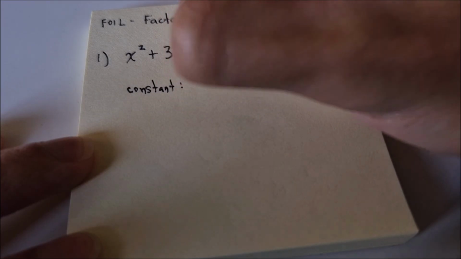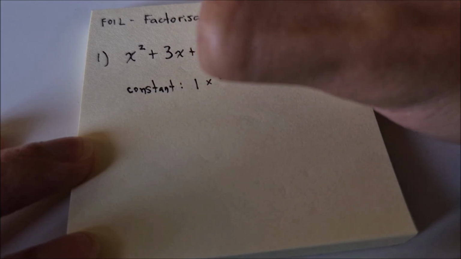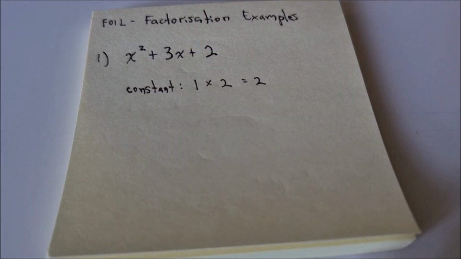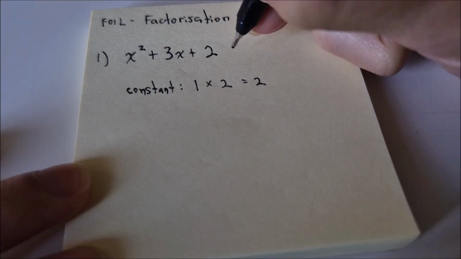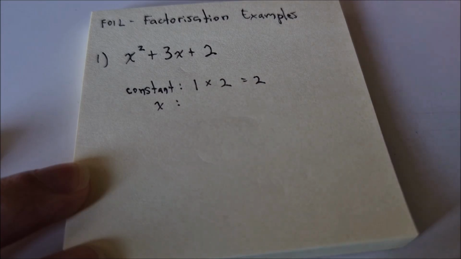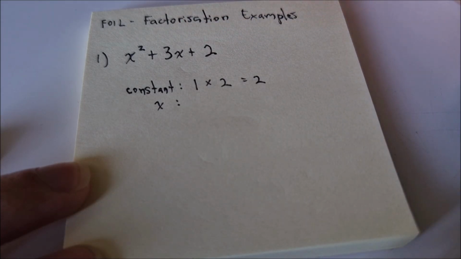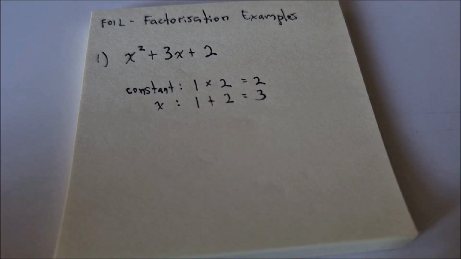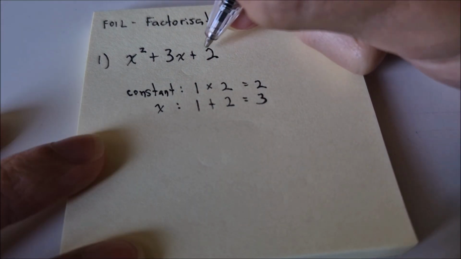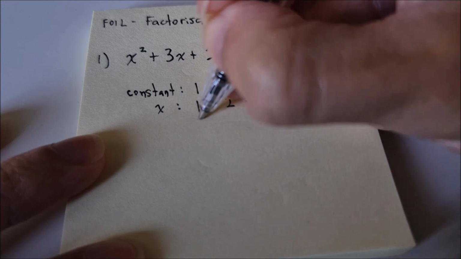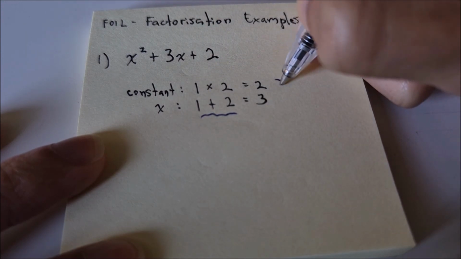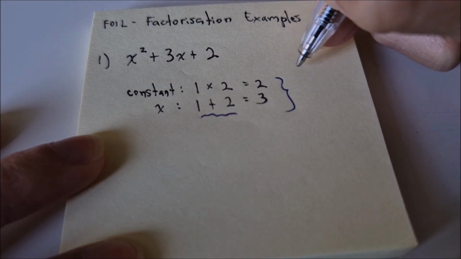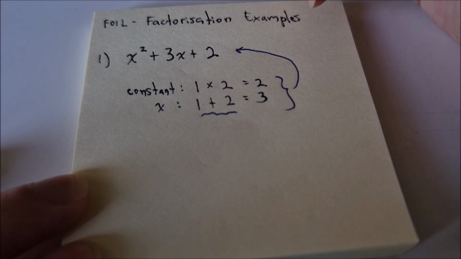In this case it's pretty simple because only 1 times 2, since 2 is a prime number. And then what numbers will add to get 3? That's just 1 plus 2. Right? We can see here that 1 and 2 do in fact satisfy this with a factorized expression.